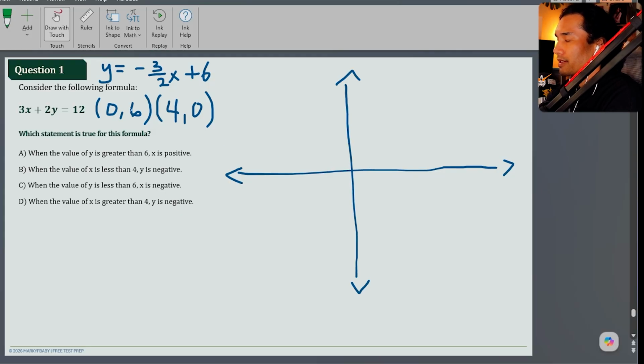Okay, so let's plot 0, 6. 1, 2, 3, 4, 5, and 6. Okay, and I'm going to use orange. I'm just going to plot this right here. And then I have 4, 0. So that's on the x-axis, and I go 1, 2, 3, and then 4. I don't know why it disappeared, but there it is right there.